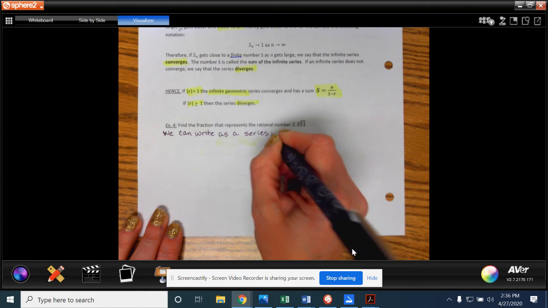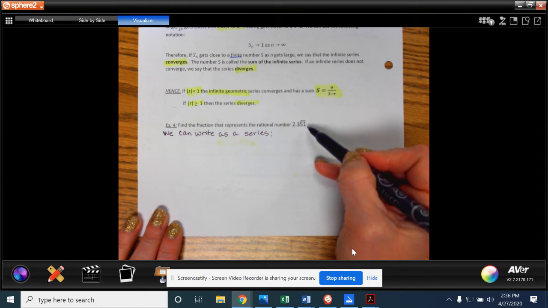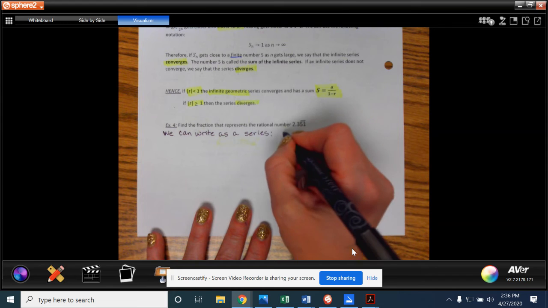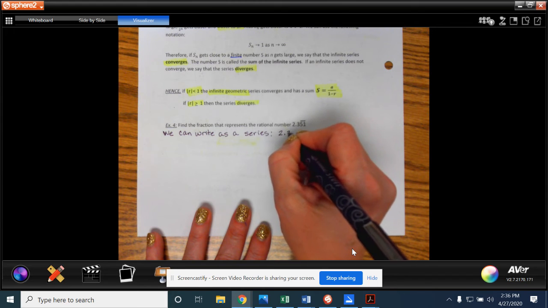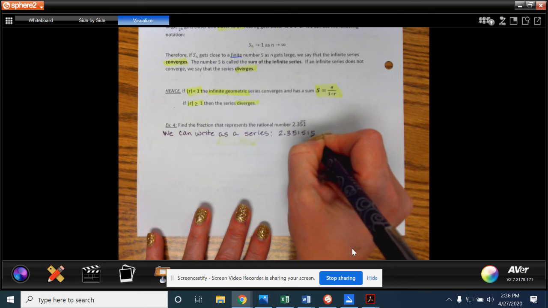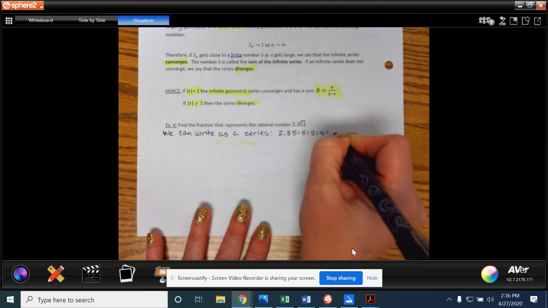How we do that, look at the repeating bar. That means it repeats and repeats and repeats. So if we look at it, it would be 2.3, and then I have 5, 1, 5, 1, 5, 1, 5, 1, and so forth and so on.